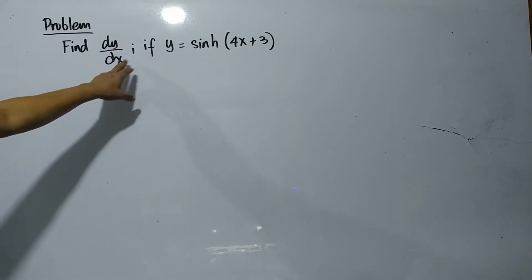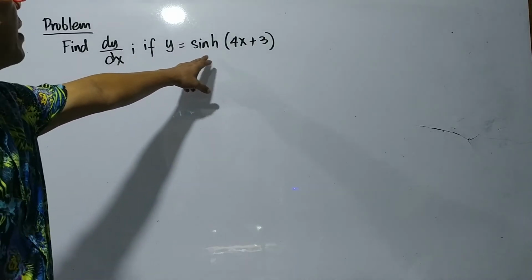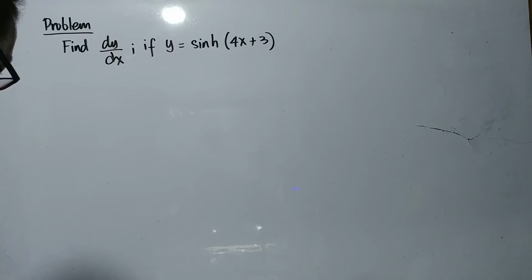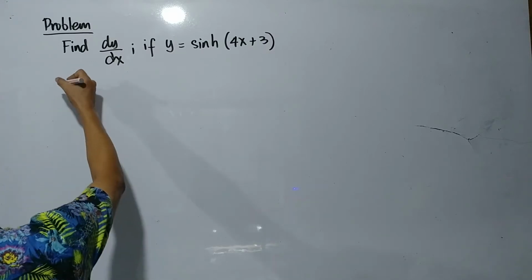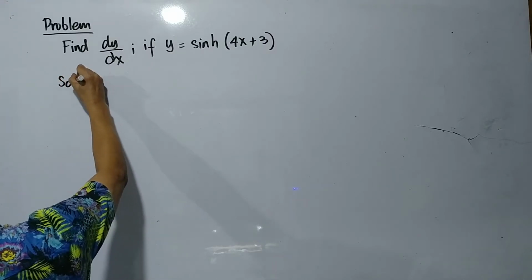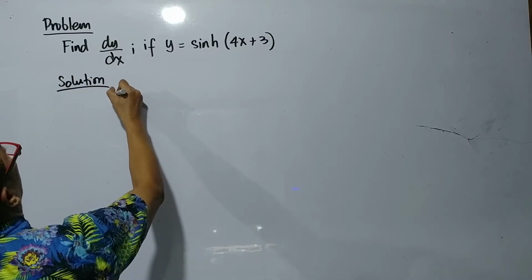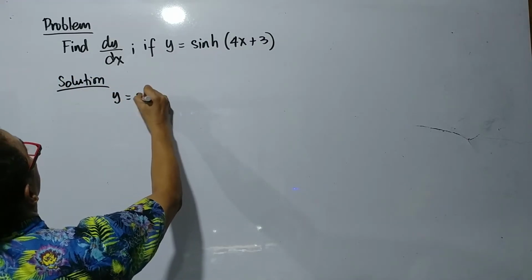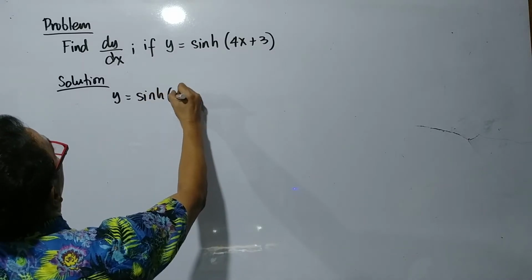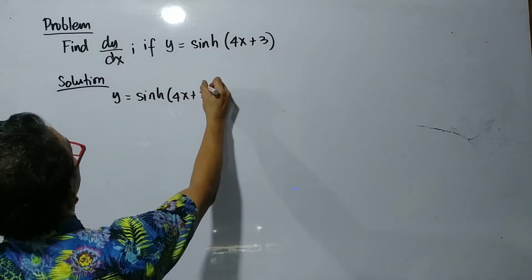Find dy/dx if y equals the hyperbolic sine of 4x plus 3. So to solve it, you have to apply the hyperbolic formula. So y equals hyperbolic sine of 4x plus 3.